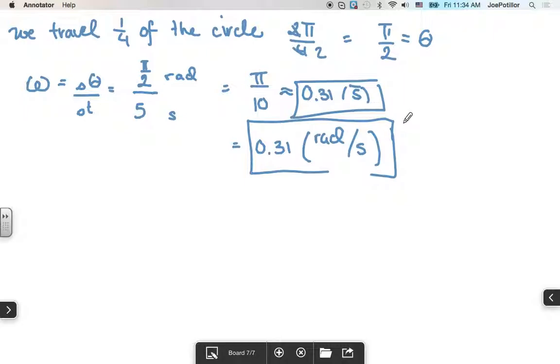Simply enough. So the angle is changing at 0.31 radians per second approximately. Does that make sense? It's roughly a little less than half a radian per second that it's changing at.